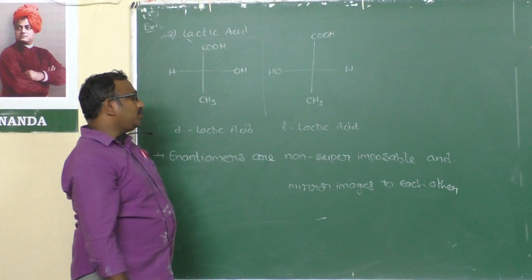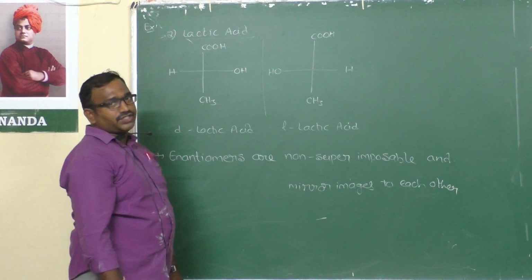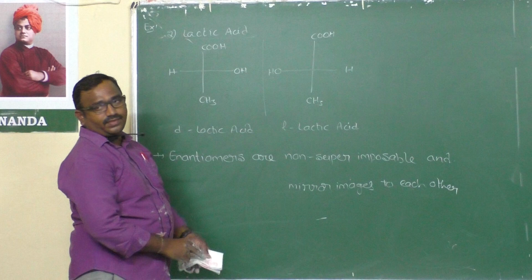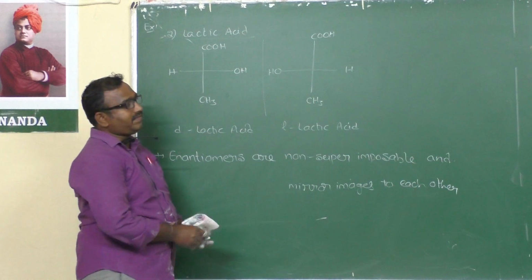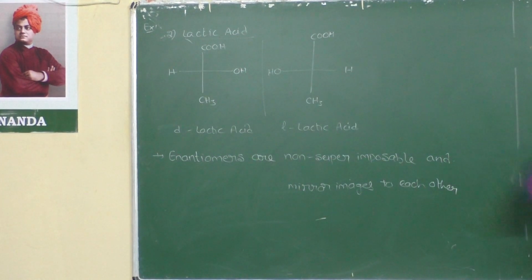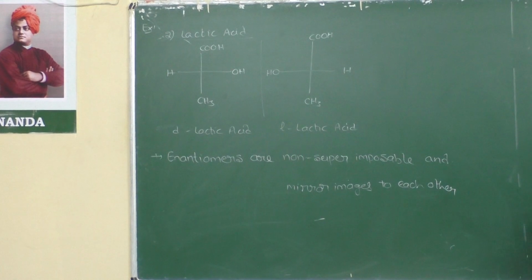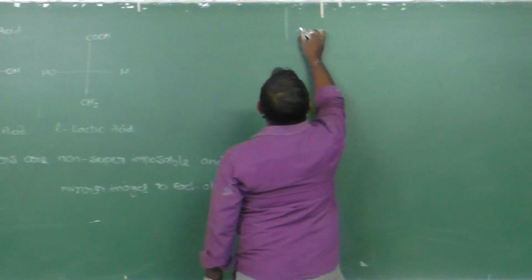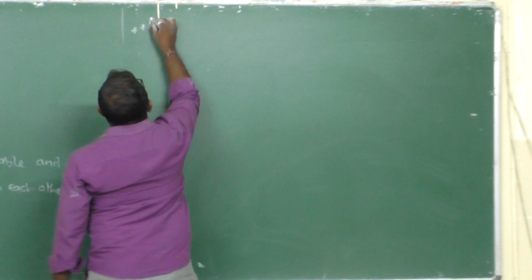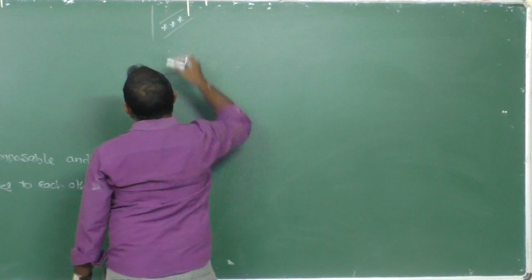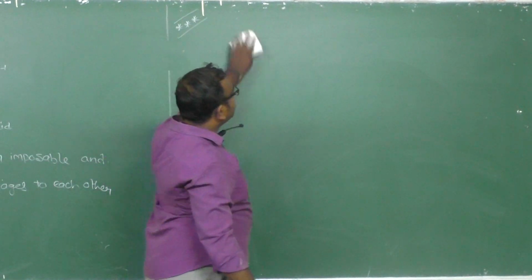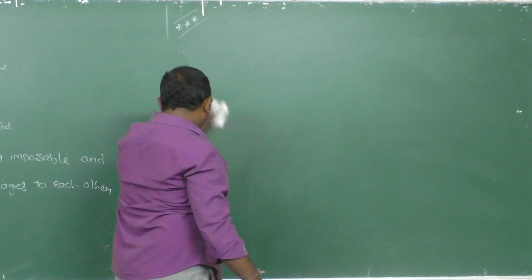Enantiomers are non-superimposable and mirror images to each other. Very, very important definitions. Enantiomers, next mesomers, next diastereomers, all are very important.